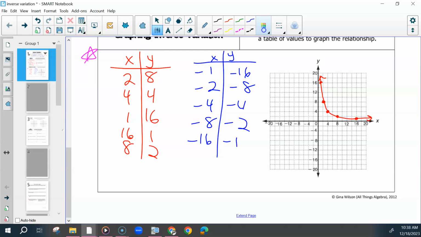And graph those points. It's going to be kind of the same, but flipped. Connect those points, draw arrows at the end.